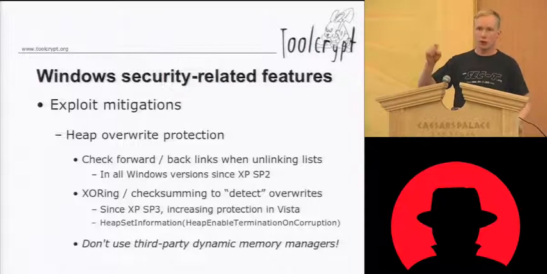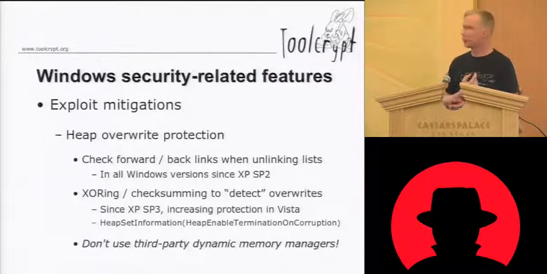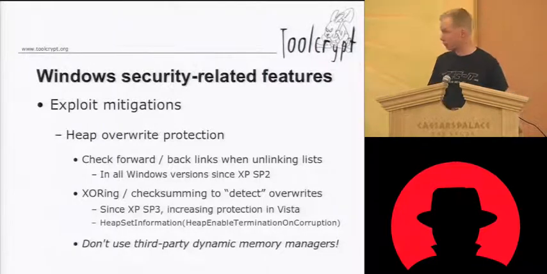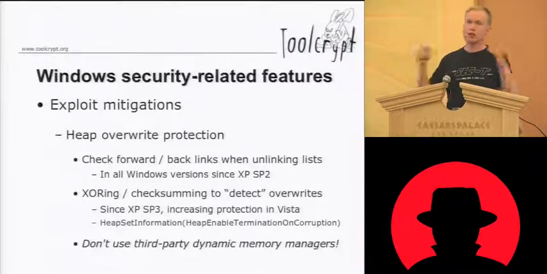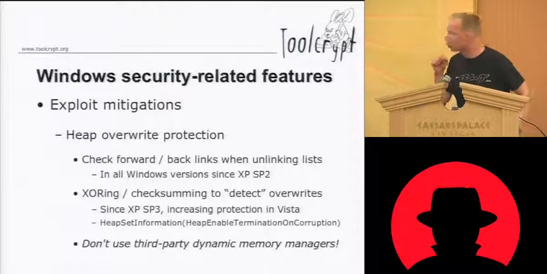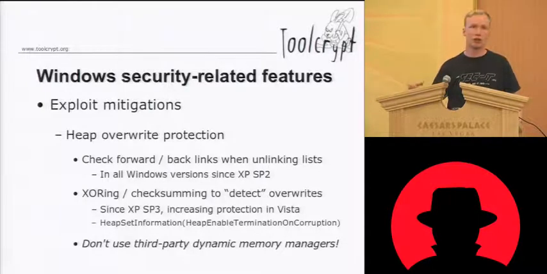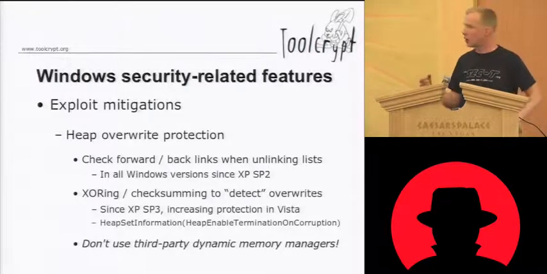And when you call free, they're taken out of the allocated list. And when you're doing that, you're basically just unlinking it from a doubly linked list. So you've got forward and backward links that are spliced in. And if you can overwrite this metadata on the heap, then you can actually use that to overwrite arbitrary values in memory.